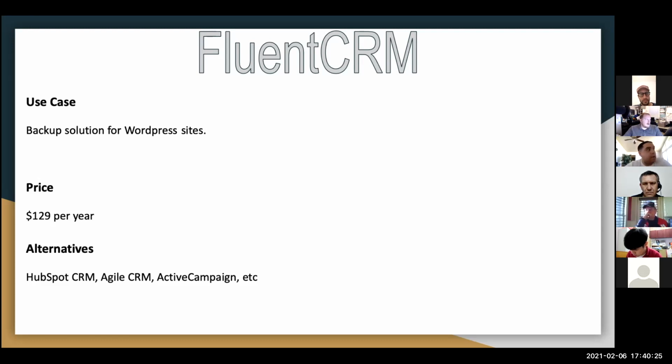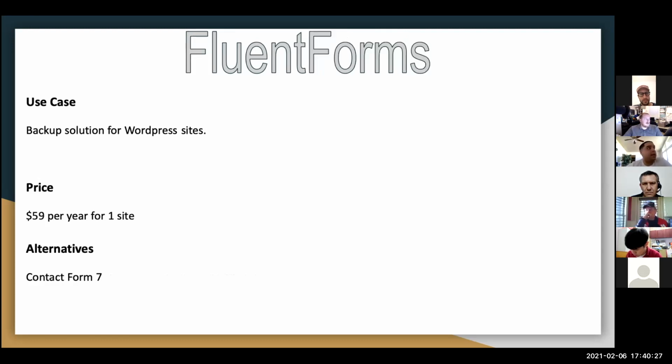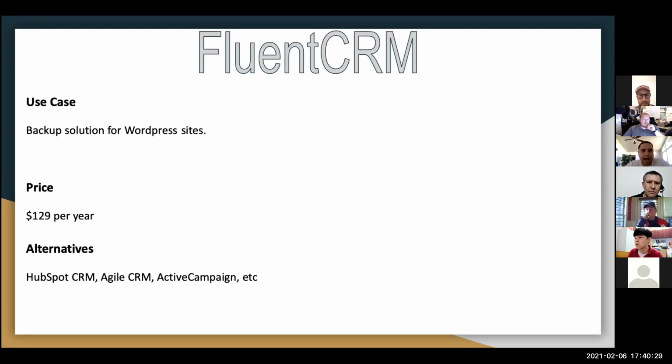And you can use their new plugin, which is called Fluent SMTP. If your host is not able to send out emails, you can use Fluent SMTP to send out the emails through them. And they use an API, which is faster.